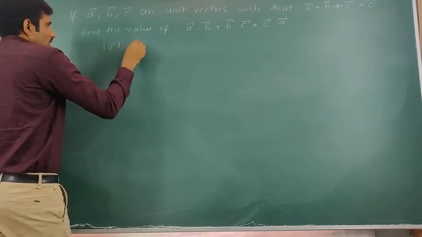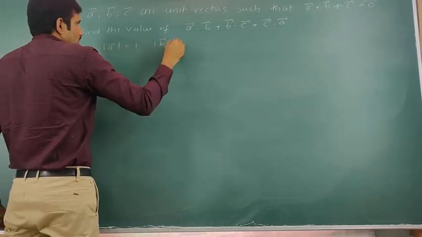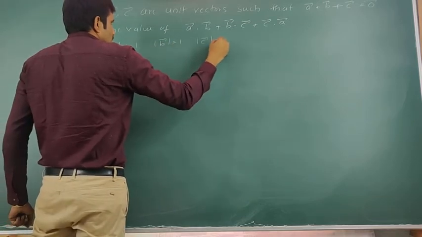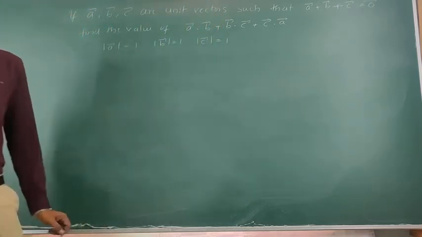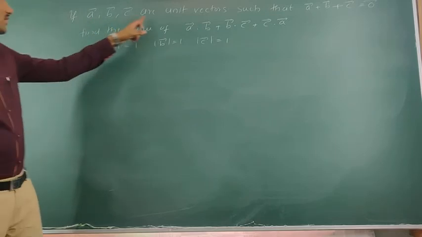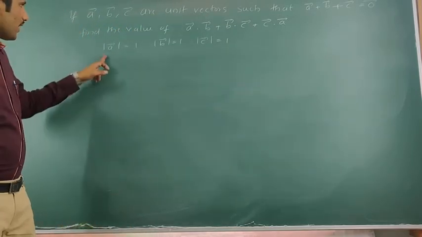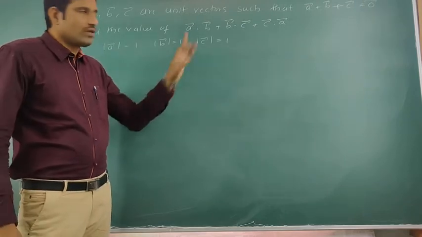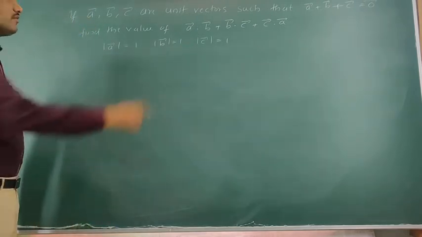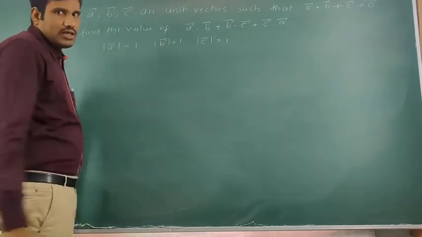Magnitude of A equal to 1, magnitude of B is also 1, magnitude of C is also 1, because all 3 vectors are unit vectors. Unit vectors means their magnitude is 1. See, what is A plus B plus C? And they are given.